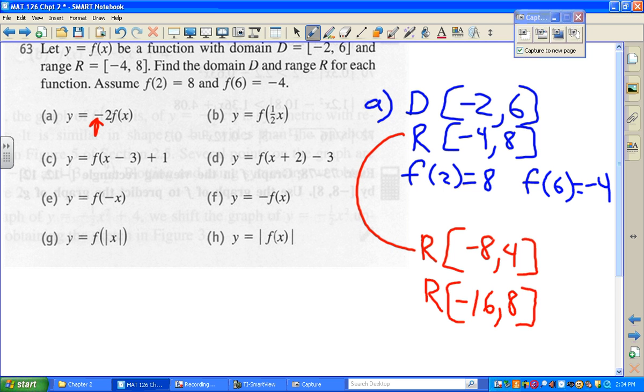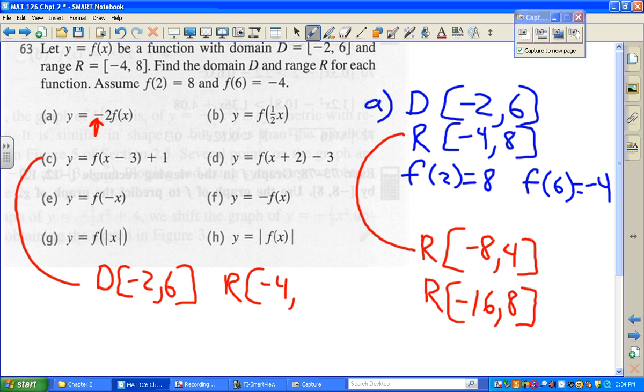You want to do C? The domain of the original function is -2 to 6, and the range -4 to 8. So if I subtract 3, which way is the graph going to move? How far? So all my x values are going to move to the right 3.